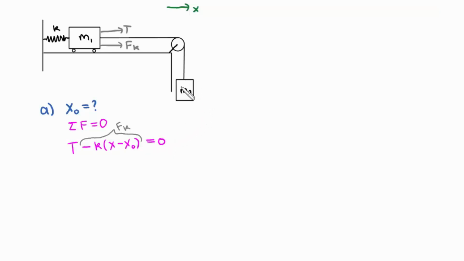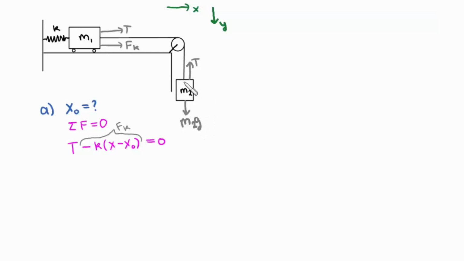Now we're going to take a look at m2 and write out the force equation for that. We'll say our positive y direction is going downwards. In that case, we have our force T in the rope going upwards, and going downwards we have our m2g.